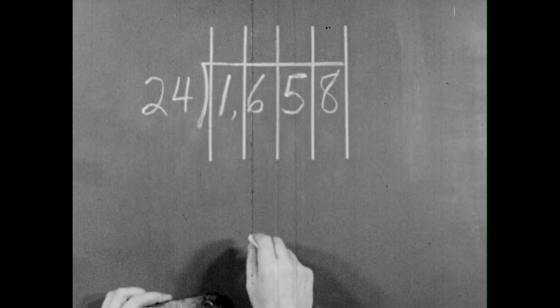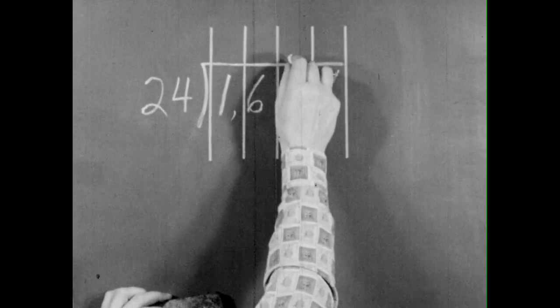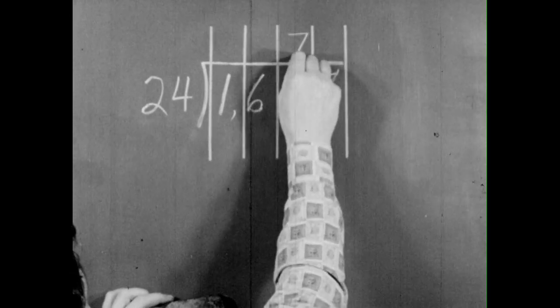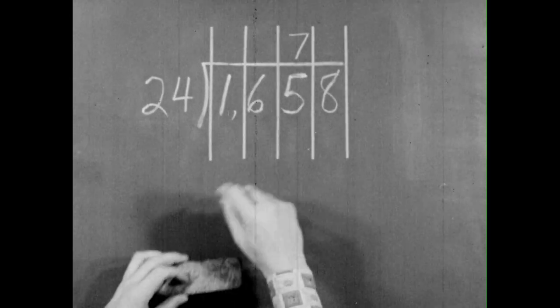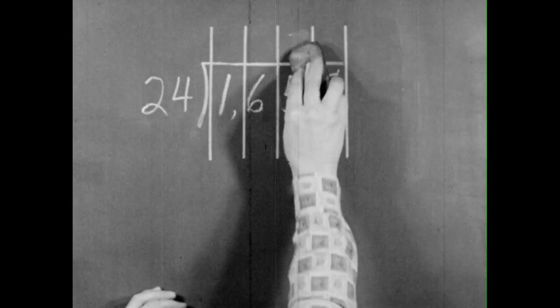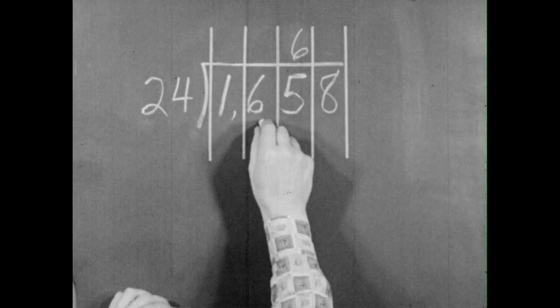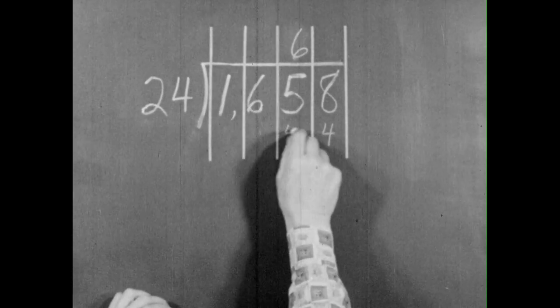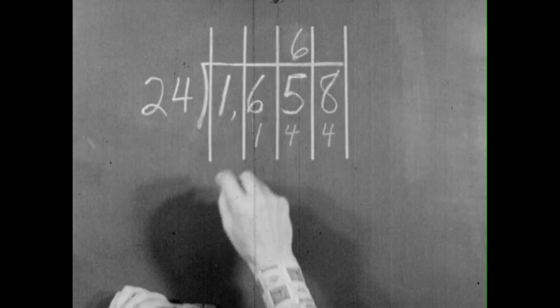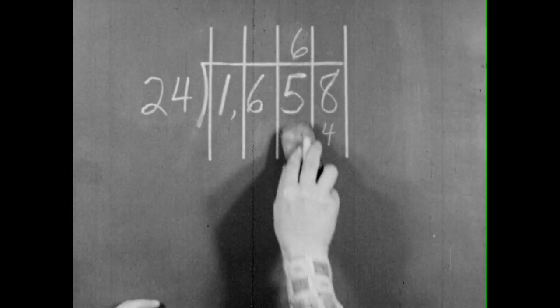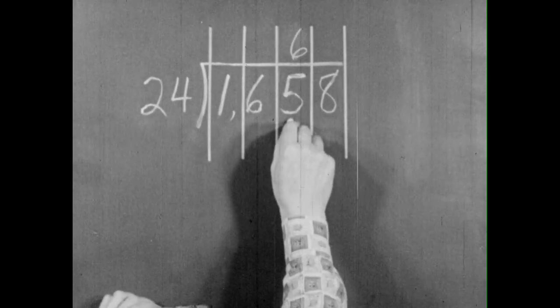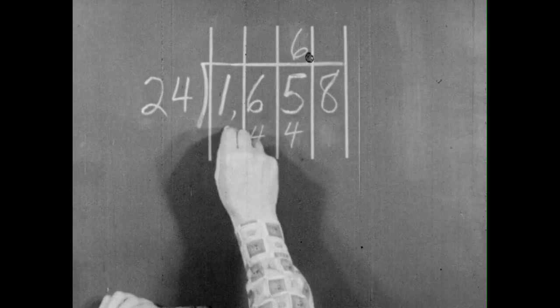Remember place value. Try out your trial quotients until you find the true quotient. You're forgetting place value. That's better.